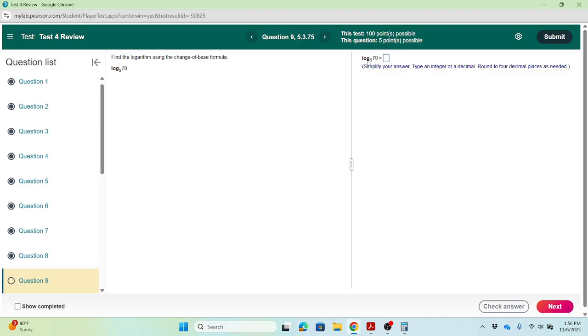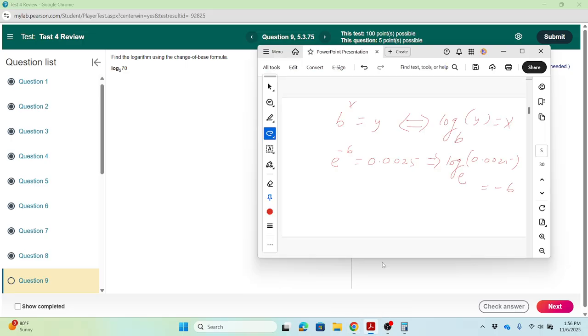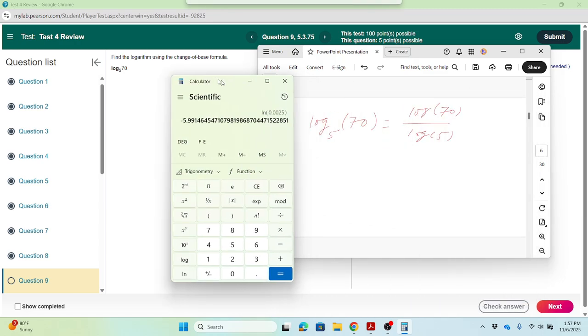Again, one more time, log base 5 of 70. Find the logarithm using the change of base formula. Simplify your answer, type an integer or decimal. If you change the base, log base 5 of 70 is actually log 70 divided by log 5. So you have to use a calculator with the log function.